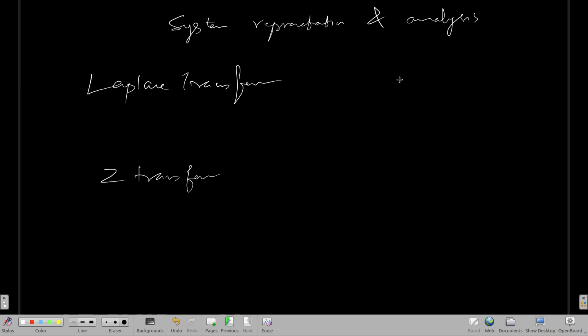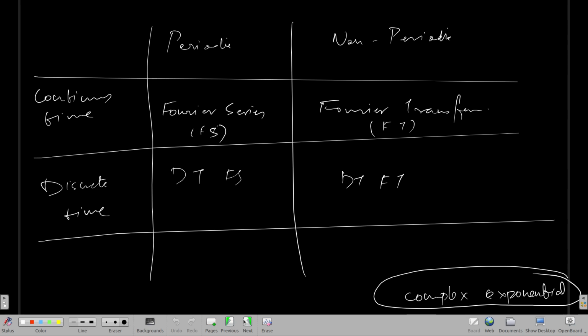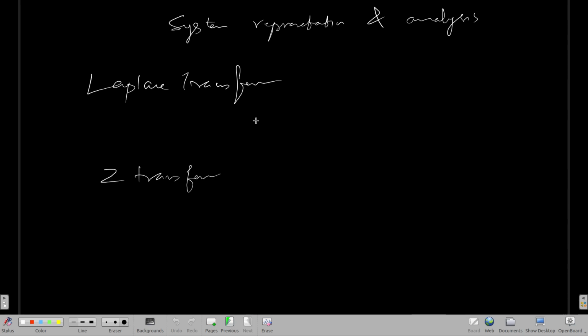That doesn't mean that we cannot use Laplace transform for representing or analyzing a signal. It can be, because Fourier transform is a subset of, or a special condition of, Laplace transform, and this we are using for continuous time systems, and this Z transform we are using for discrete time systems, right?